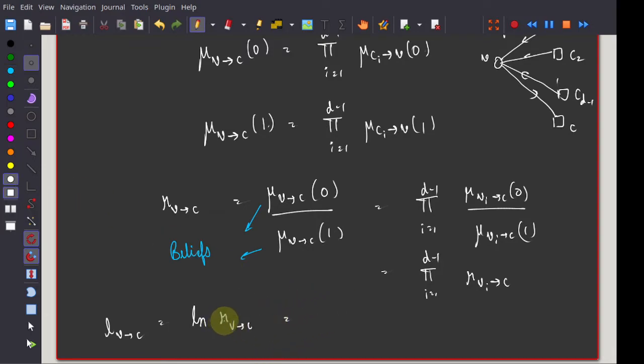Right? And now the update rule becomes the following. It is log of the summation, i going from 1 to d minus 1, of r_{v_i to c}, which is basically the sum of log r_{v_i to c}, but log r_{v_i to c} is l_{v_i to c}. So this is just the summation, i equal to 1 to d minus 1, of l.